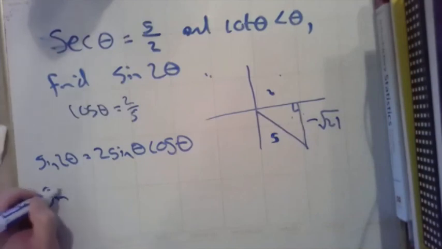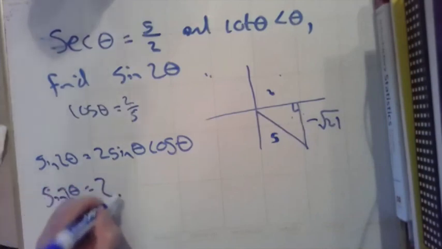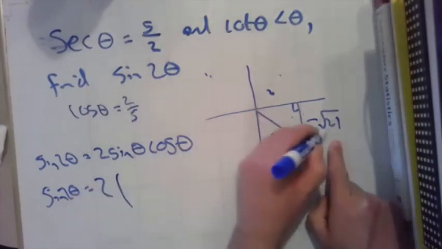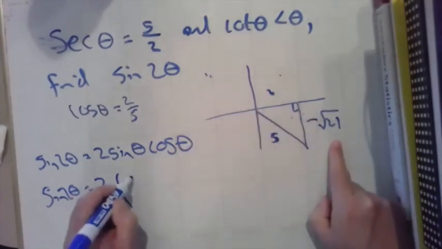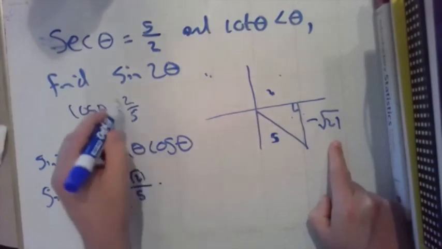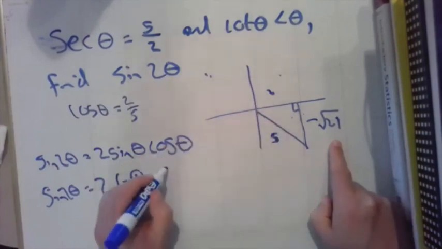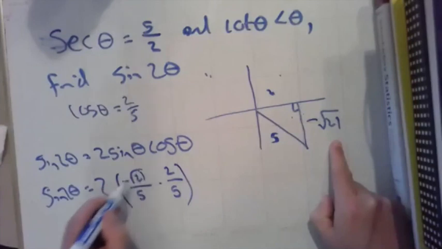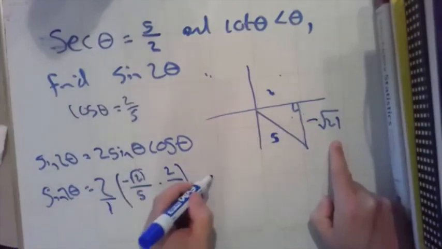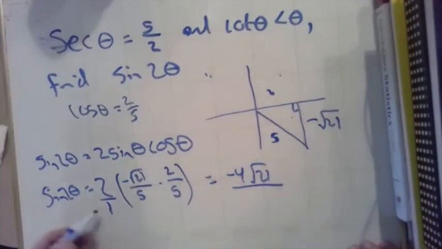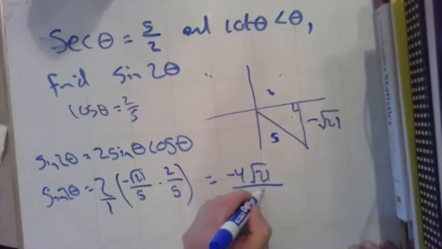So sine of 2 theta will be twice, looking at my picture, opposite over hypotenuse, negative root 21 over 5, times cosine. That one I already had written down, but I could also get it from the picture. Remember, this is 2 over 1. Multiply across the top. That's negative 4 root 21 over, multiply across the bottom, 25.